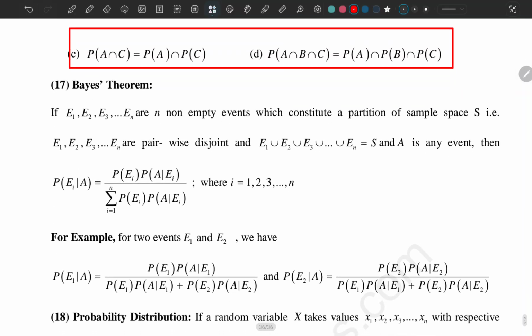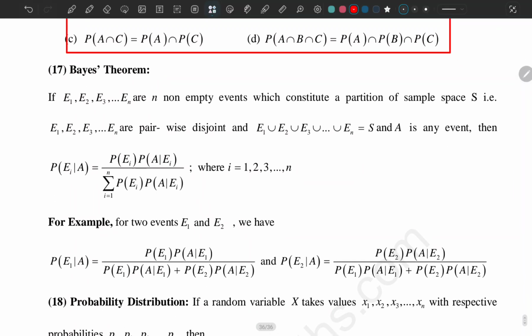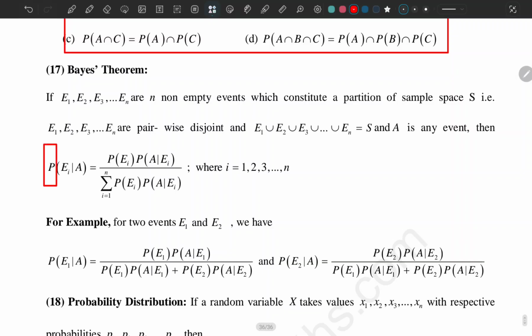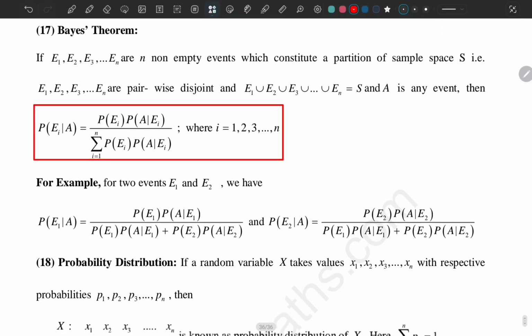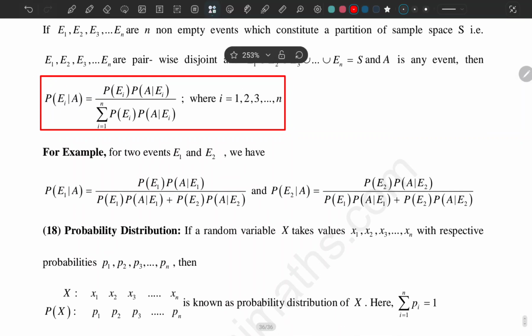Now we're having a look at Bayes theorem. You just have to remember this formula, that's it. This is a way of representing conditional probability in different ways.